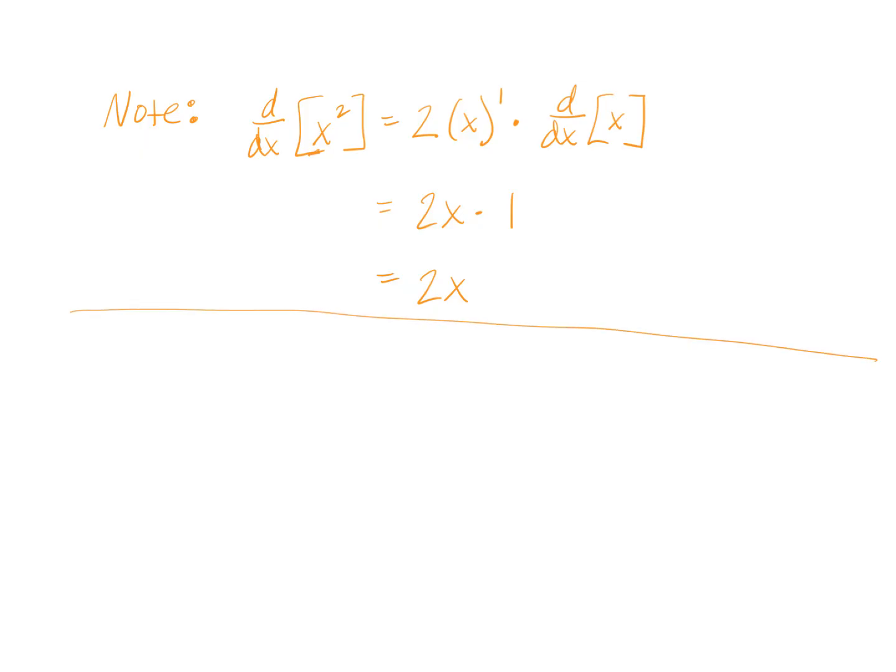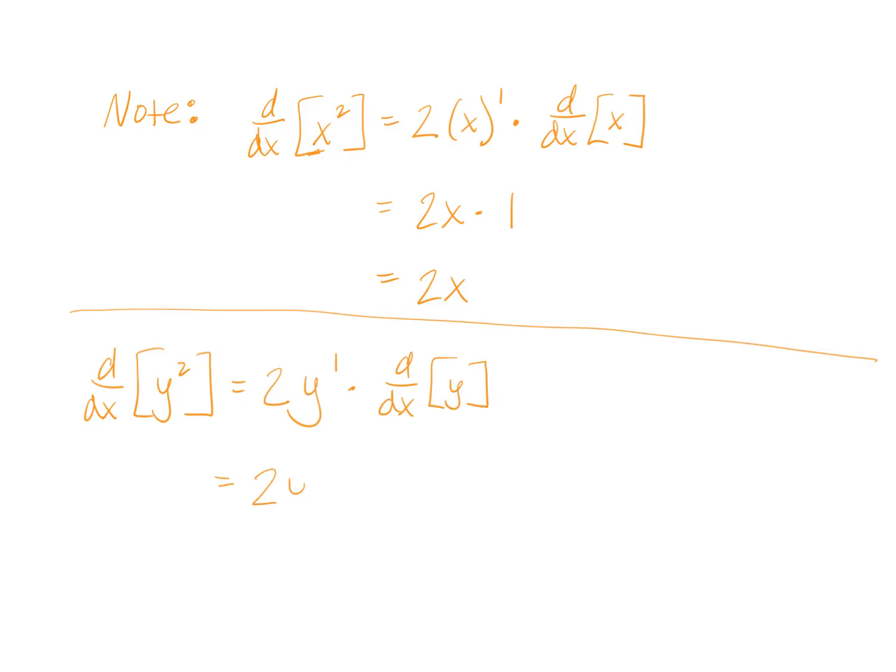Now, if I want to take d dx of y squared, this is the derivative of some stuff squared again. So I'm going to apply the chain rule: bring the 2 down, copy the stuff, reduce the exponent by 1, and then multiply by the derivative of the stuff, which is y.